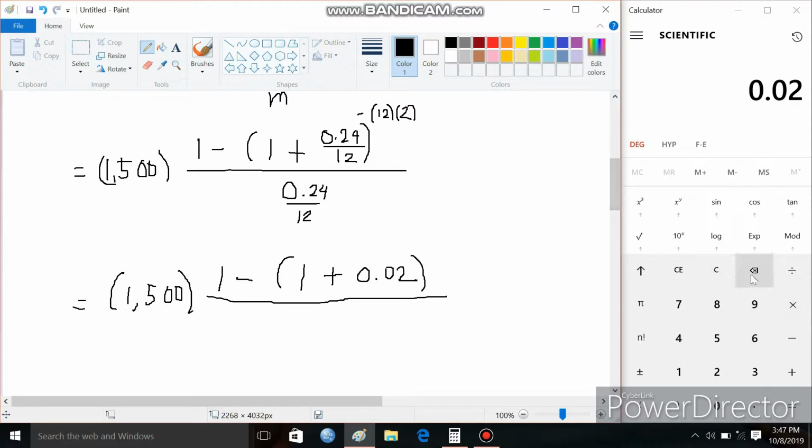Then we can also calculate this one to make the solution shorter. We copy the negative, then multiply these two numbers: 12 times 2 is 24.